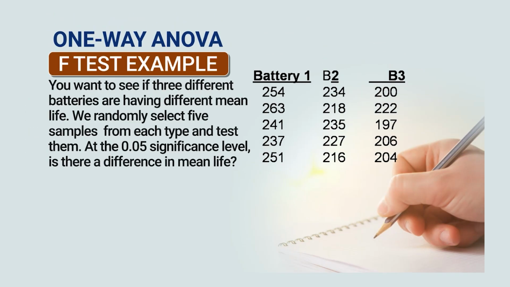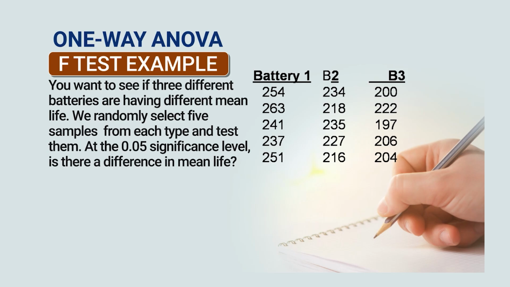Here we have one example to give you an idea of how the data looks. We want to see if 3 different batteries have different mean lives. That means we have 3 batteries: battery 1, B1, battery 2, B2, and battery 3. These are 3 different brands, and we want to know whether they have the same average life or not.